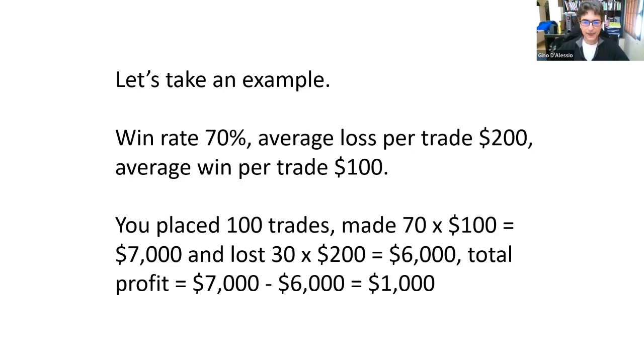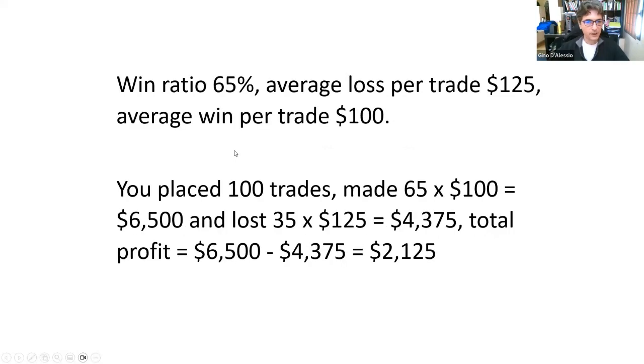What happens when you do that is usually your win rate will decrease, because some trades will get stopped out prematurely, and although you lose less per trade, your win rate will probably decrease. But looking at another example where you have reduced your average loss per trade, your win ratio has decreased a little bit, down to 65%, and your average win per trade remains the same, $100.